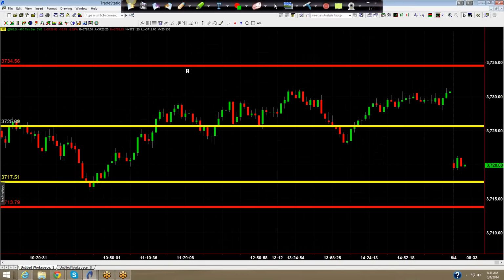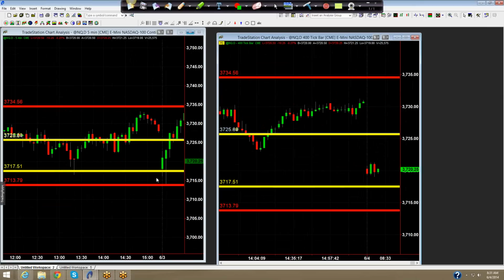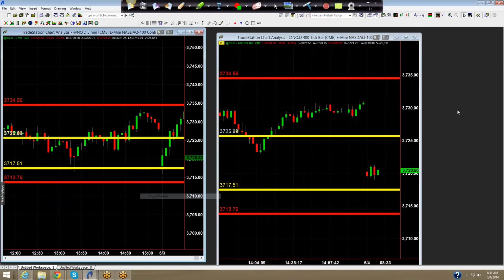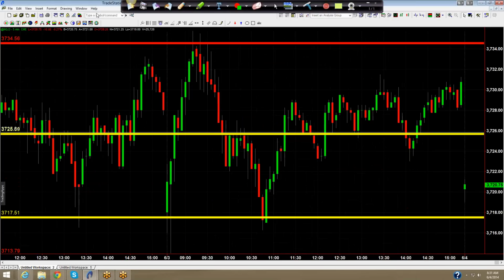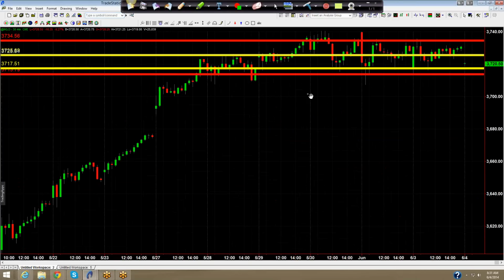And then the other thing I wanted to show y'all here, okay, yes, NQ has been underperforming ES, but look, we're just trading sideways is all we're doing. See that 37.20, nothing's going on yet.